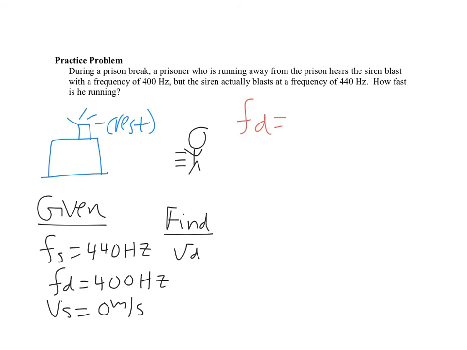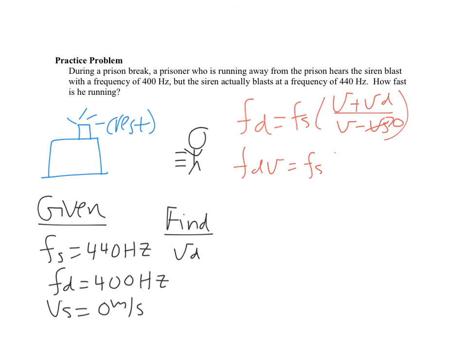Frequency detected equals frequency of the source, V plus Vd over V minus Vs. In this case, the Vs is 0, so that's a little bit easier since that goes away. And I'm going to isolate and solve for Vd. So FdV equals Fs times V plus Vd.